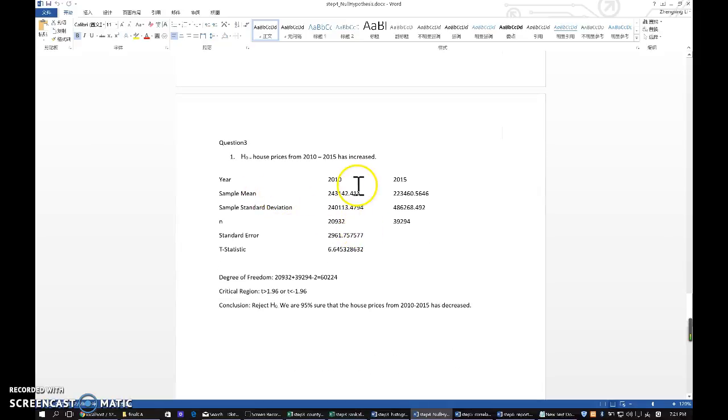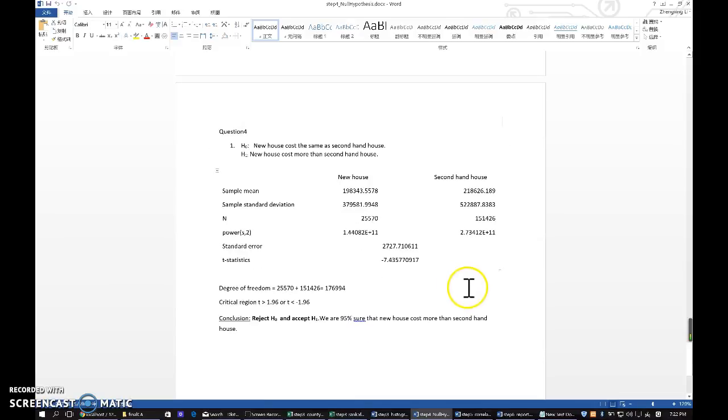We choose house prices in 2010 and in 2015, and we get this data for both years, and after calculation we get this T-score, which is 6.64, and according to the degrees of freedom, we get the critical region, and this T-score is in the critical region, so we reject the null hypothesis, and we are 95% sure that house prices from 2010 to 2015 have decreased.